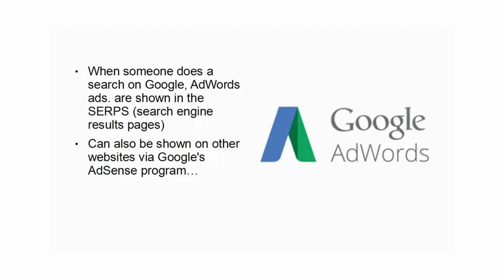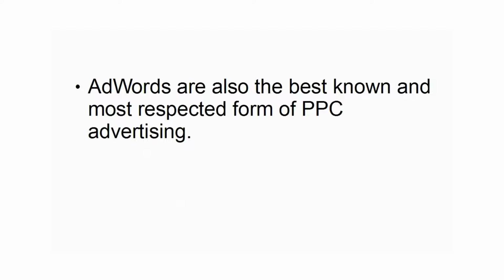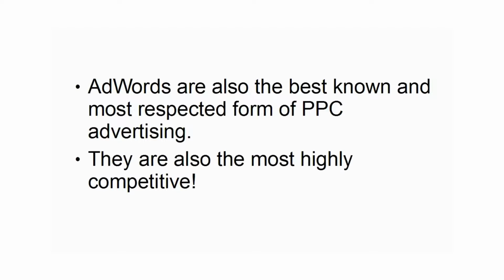And you can also show an ad on somebody else's website via Google's AdSense program, meaning you can reach a very wide audience with Google AdWords. AdWords is also the best known and most respected form of pay-per-click advertising, but it's also the most highly competitive.